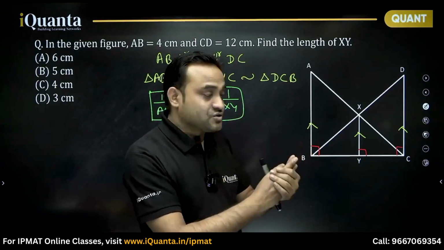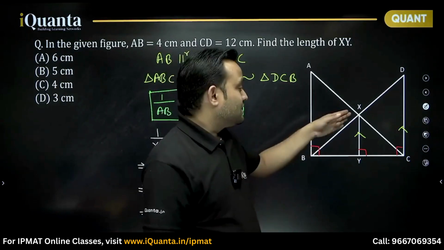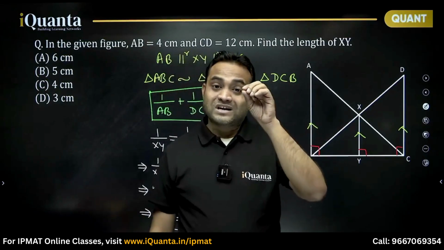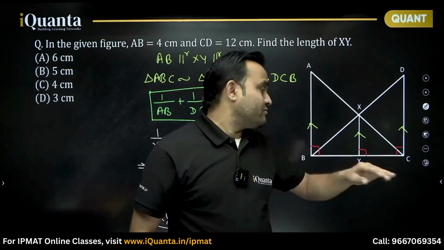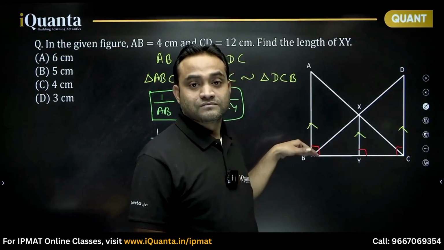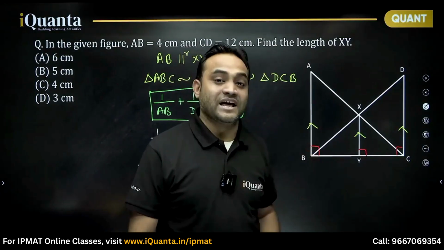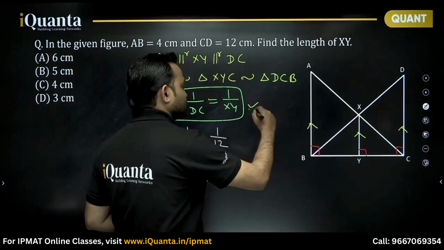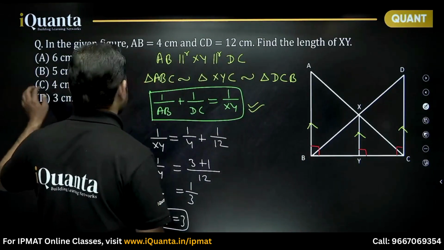Then there is a situation where the two wires are intersecting each other. So what is the height of that point from the horizontal? Same scenario. That question will also be solved using this formula.